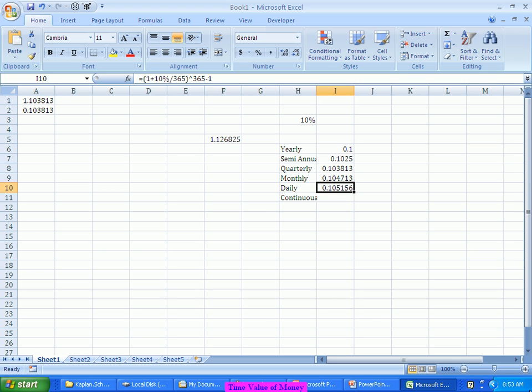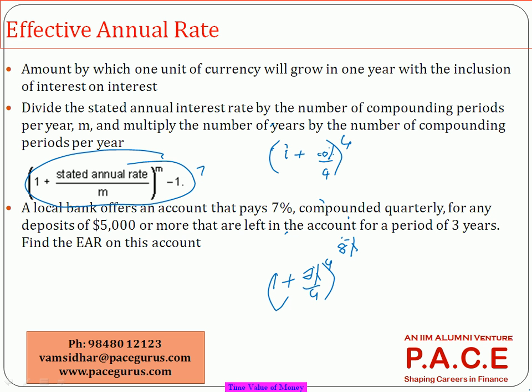1 plus 10% by infinite to the power infinite. Right? Mathematically, that works out. Probably if people remember the concept of limits, there is a usage there, again, you don't need to remember that: limit when n tends to infinite, 1 plus x by n to the power n is the same as e power x.